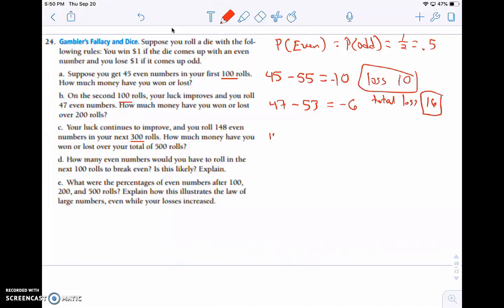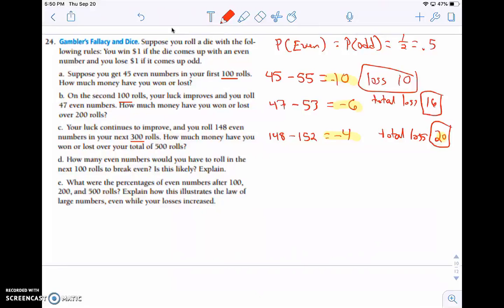But if we look just at the 148, so 148 were winners, and then the remaining, which is 152, because we had 300 total, that's a loss of $4 on those 300 rolls, which brings your total loss to 20. I'm basically adding loss of 10, loss of 6, loss of 4, and that's where my 20 is coming from.